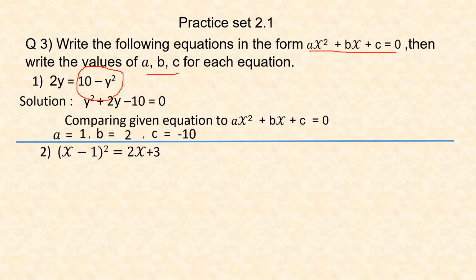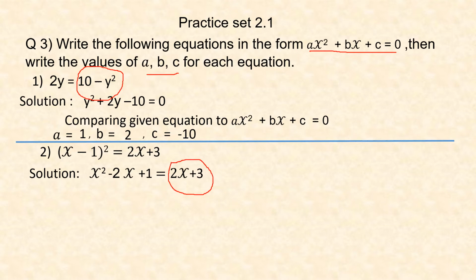Second example, x minus 1 bracket square is equal to 2x plus 3. First expand the bracket, that is x square minus 2x plus 1 is equal to 2x plus 3. 2x plus 3 we bring on the left hand side, x square as it is, minus 2x as it is.